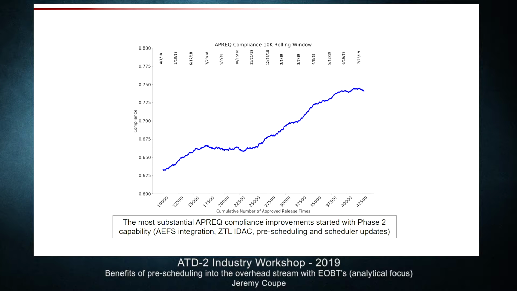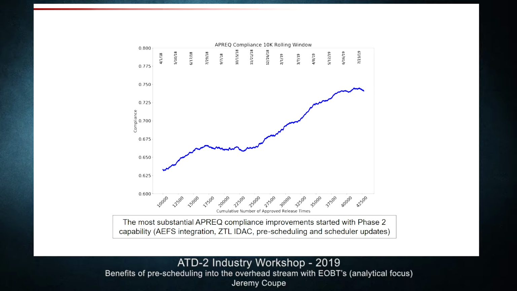Sometimes Al jokingly likes to say we had to throw the kitchen sink at this one to really see some improvements. So we can't say we think 10% is coming from this and 20% from that. Overall, we just say that together, these new capabilities have generated this uptick in compliance. Our feeling is that we find this trend very encouraging, and we think a lot of those phase 2 capabilities are providing real benefits that are being seen in the NAS here.